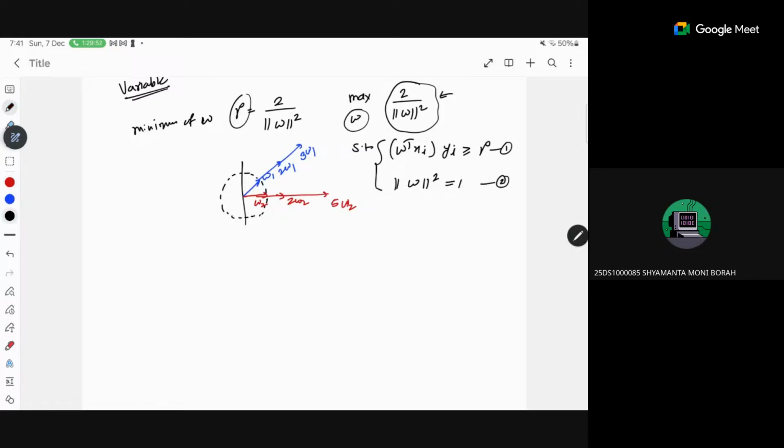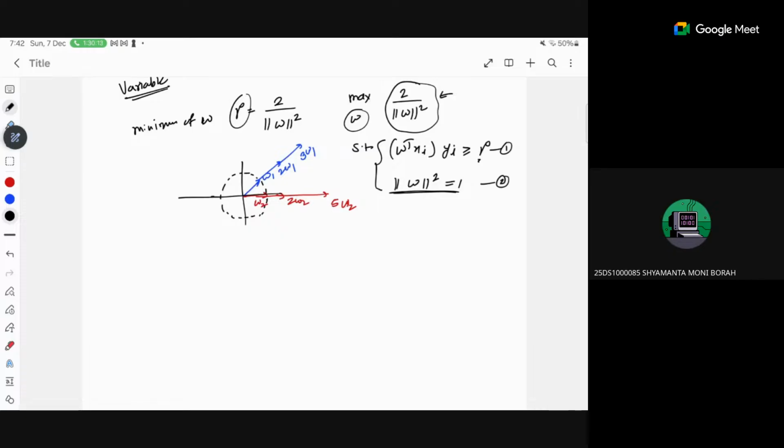But if I wanted to say that this constraint is there, length of W square equal to 1, the simple thing to do is to divide it by that margin, so I make that length equal to 1.